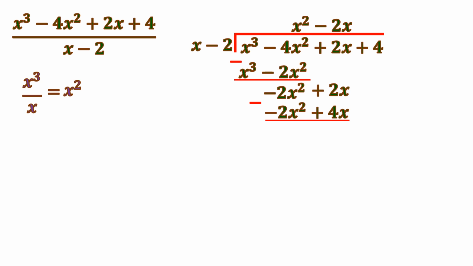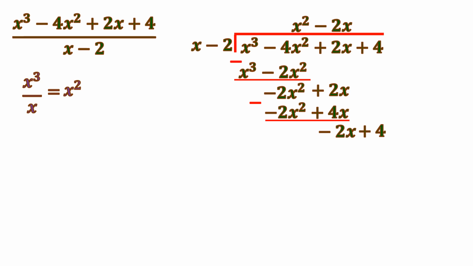It will be negative 2x. Bring down positive 4. So as you can see, the minus sign will be distributed. It will be negative times -2x squared and negative times positive 4x. That's why when you combine it, it will be following the operation of addition.